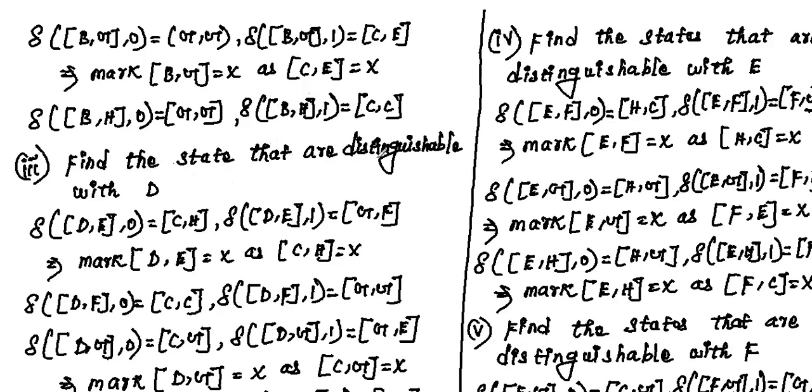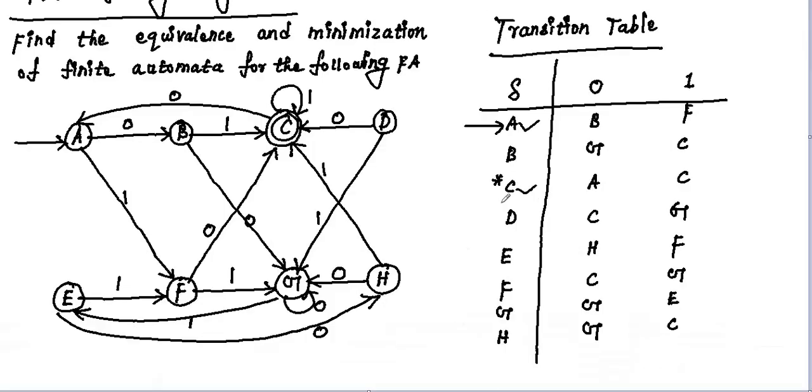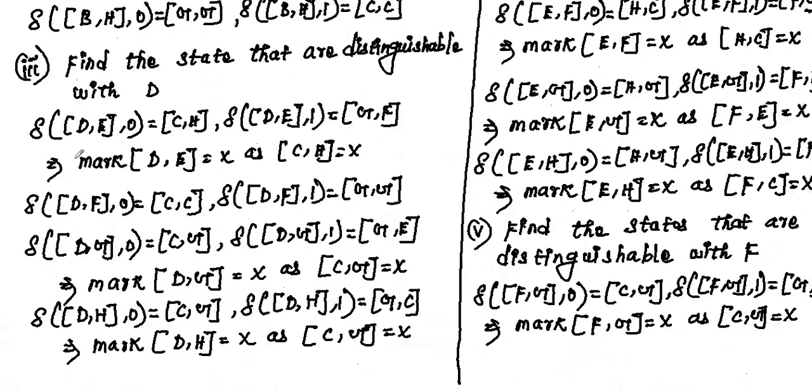Find the states that are distinguishable with D. See the transition table. We completed distinguishable with B. Now distinguishable with D means take the pairs DE, DF, DG, DH. Here DE 0 and 1. These are the two inputs. So first pair DE, DE 0.